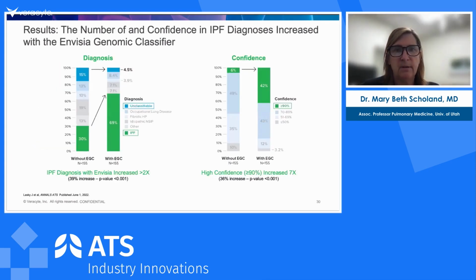So these were the results. And the bottom line, or the top line, is the number of and confidence of IPF diagnoses increased by having the genomic classifier for use. So you'll see on the left-hand side that the IPF diagnosis, when the physician had the genomic classifier, went from 30 to 69% and markedly reduced the number of unclassifiables.